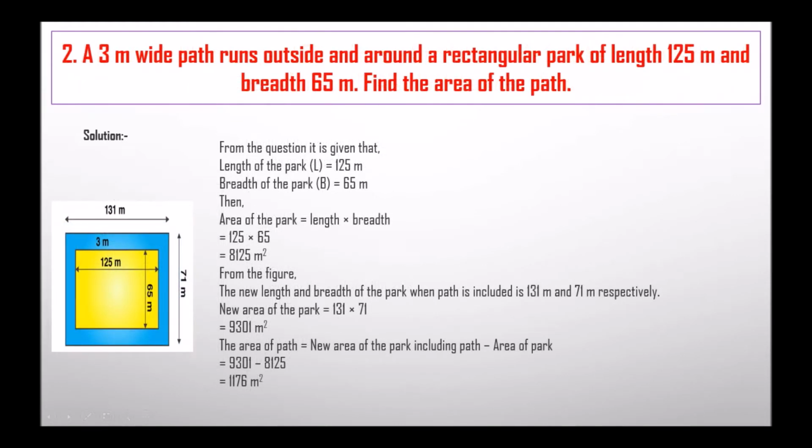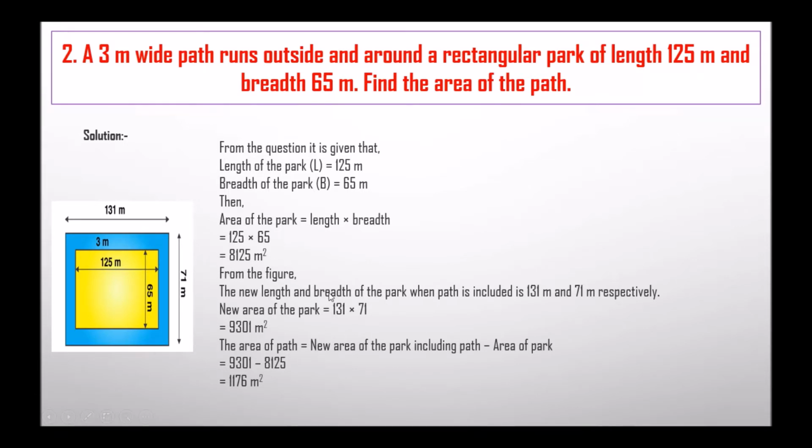Second, a 3 meter wide path runs outside and around a rectangular park of length 125 meter and breadth 65 meter. Find the area of path. So length is given 125 meter, breadth is given 65 meter. Area of park equals length into breadth, that is 125 into 65, that is 8125 meters square.